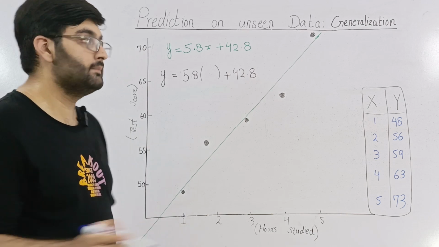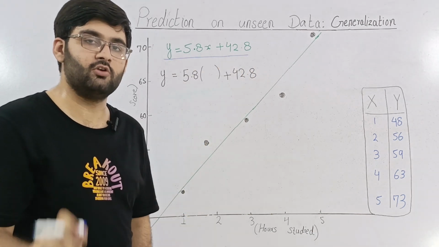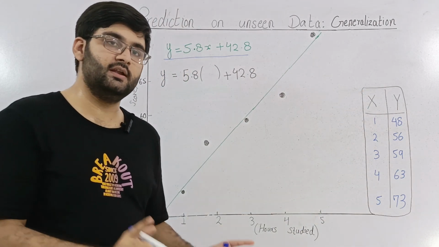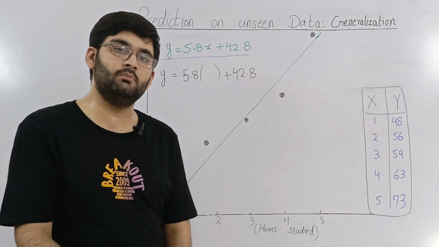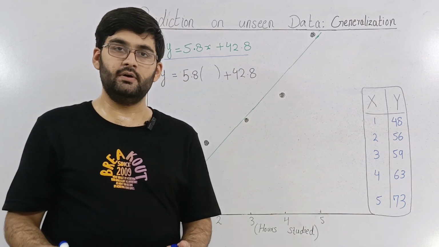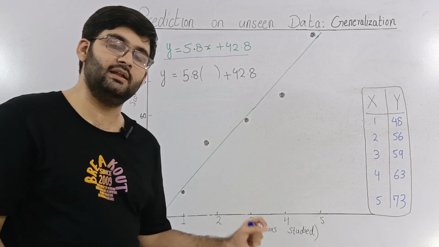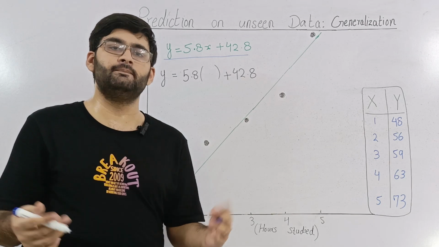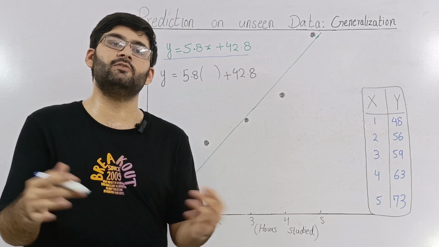We have obtained this equation of simple linear regression from this dataset. In the language of machine learning, we have trained the simple linear regression model on this dataset. In the real world, we will get cases that are not part of our training dataset. For example, a student might say, hey, I studied 5.5 hours, predict my test score.